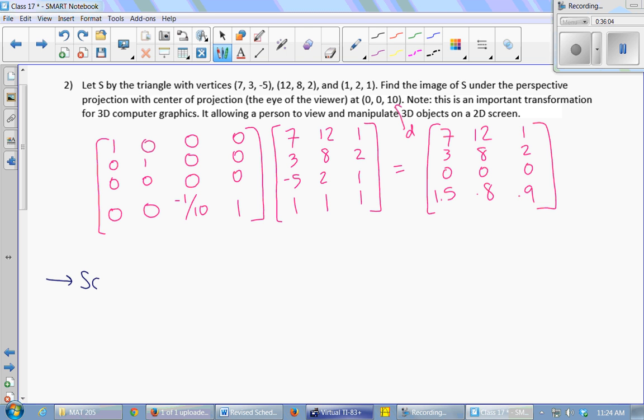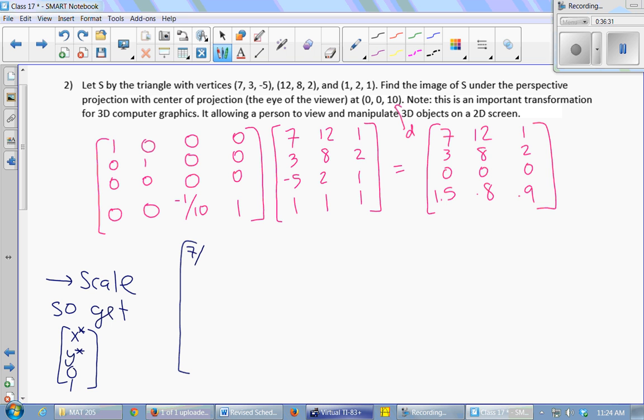So now I do my scaling part, and I get things that look like x star, y star, 0, 1, because dividing gives me the 1 in the last entry that I need.